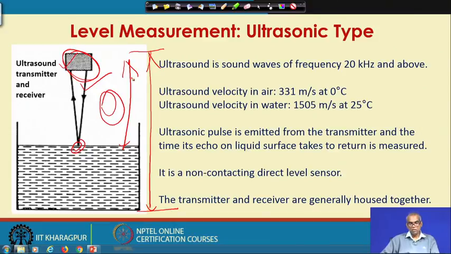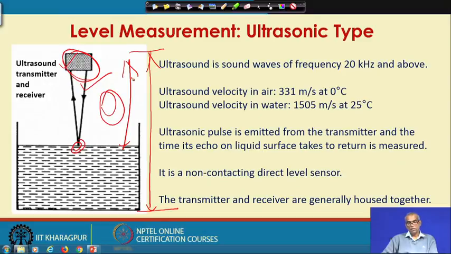So, it finds out the time difference between these two events, and if we know the velocity of the ultrasound in the medium, I can now find out the distance the ultrasound has travelled. From that, I can find out the distance of the ultrasonic device from the top surface of the liquid. Since I know the distance from the bottom of the tank to the location of the device, I can find out the level of the liquid in the tank.